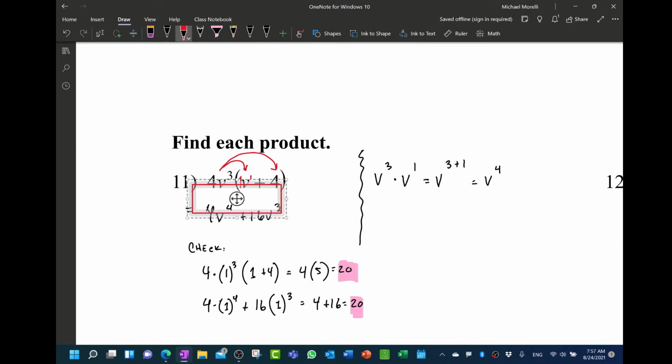But please understand that for me as a teacher, I care less about this than I do about this. I want to see the check. I want to see the side work. I want to see these arrows, all right?